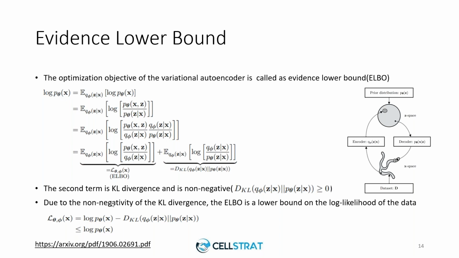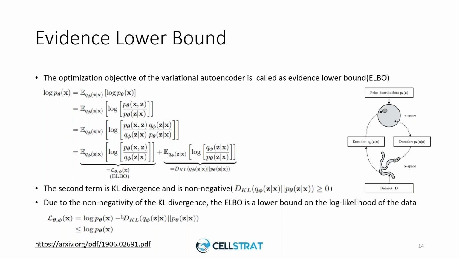If we look at this particular equation, it's the same equation rearranged a bit. We have brought this term into the RHS, and log p theta x has gone into the LHS.